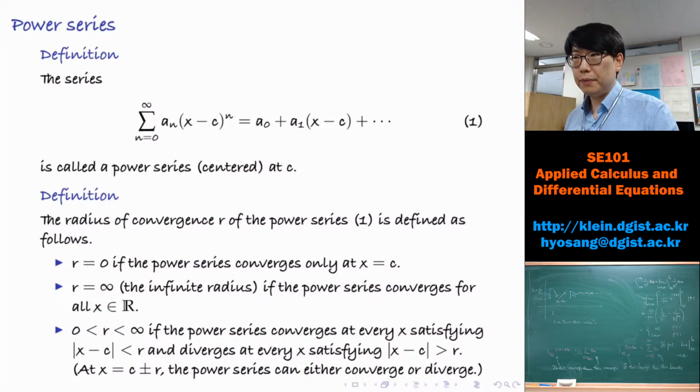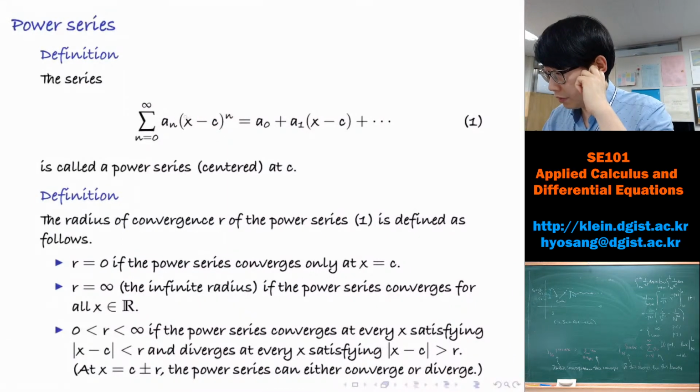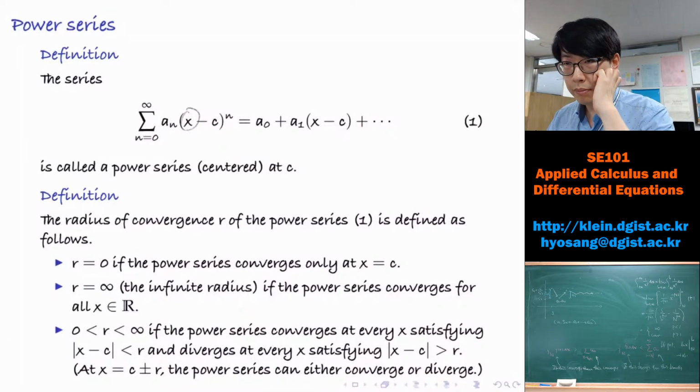The power series. So a series of this form, where we have an undetermined variable x inside the series, and also a power on each term with some coefficient a_n, is called a power series.